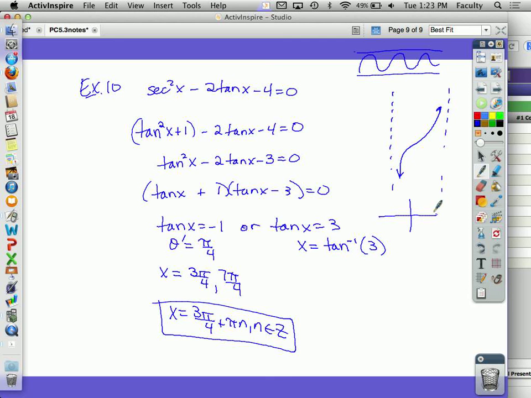Tangent is positive in the first and the third quadrant, right? So, I don't know where that is exactly, but that's a difference of pi. So my answer is going to be, in general, inverse tangent 3 plus pi n, where n is an integer. Okay, that's really kind of interesting.